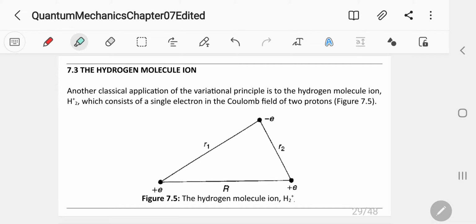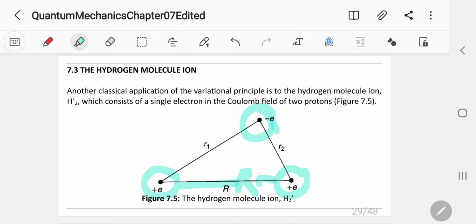So we're now looking into a hydrogen molecule ion in which there are two protons and only one electron in the system. So in this case you have a proton here and another proton here separated by distance R, and one of the protons is holding the electron.